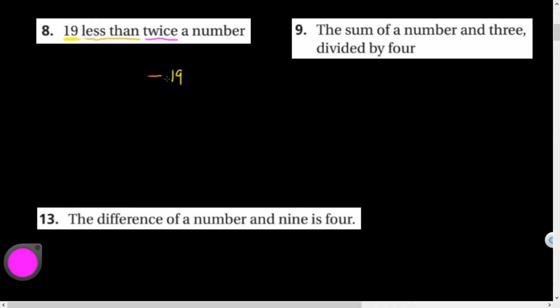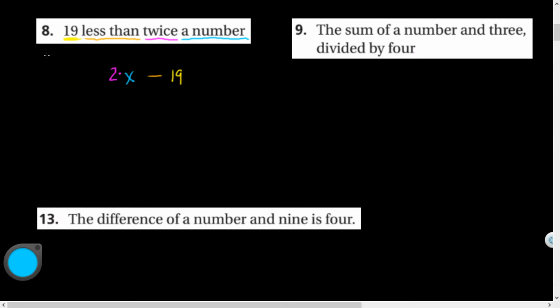Do you have a suspicion as to what twice means mathematically? Twice denotes not only a number but also an operation. It's telling me 2 times something. It's a very specific term. And then it says a number, which we refer to as a variable.